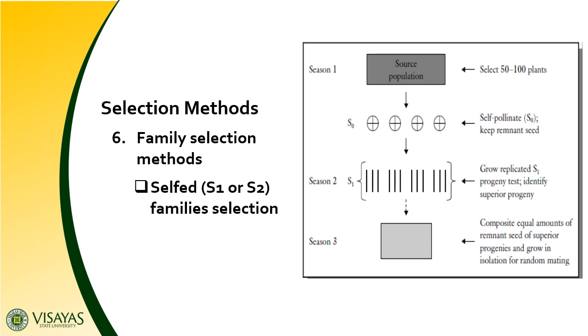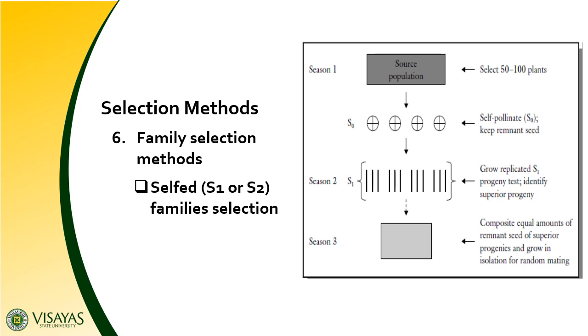Then you keep the remnant seeds. And then you plant that self-seed here and grow in replicated trials, to do the progeny test here and identify superior progeny. And in the third season, a composite of equal amounts of the remnant seeds of superior progenies will be grown in an isolated block for random mating.